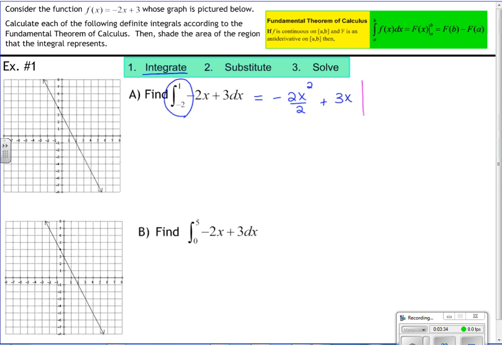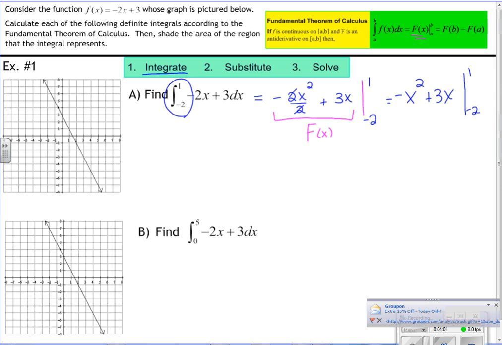I'm going to evaluate this from negative 2 to 1. This right here is really acting as our capital F of x that we had talked about. It is the antiderivative. Let's simplify it before we go on. So 2 over 2 cancels and we get negative x squared plus 3x evaluated from negative 2 up to 1.